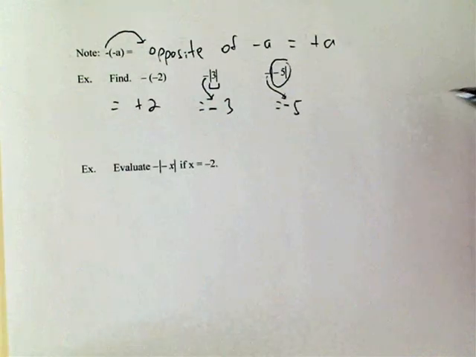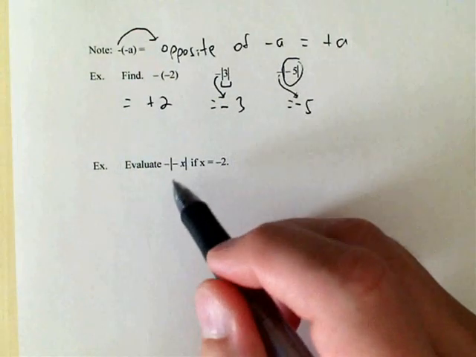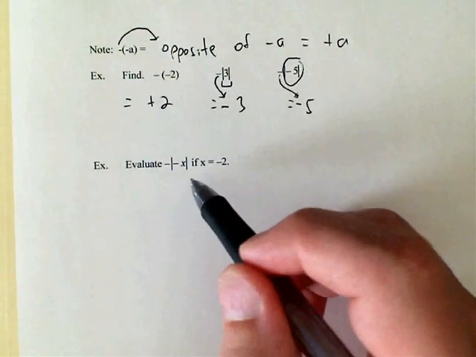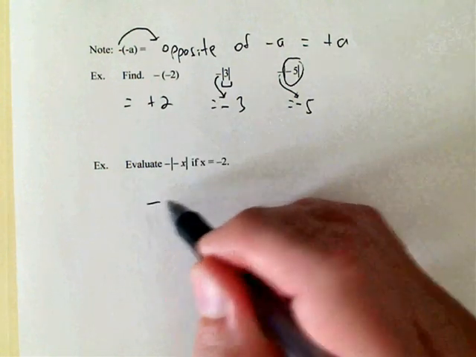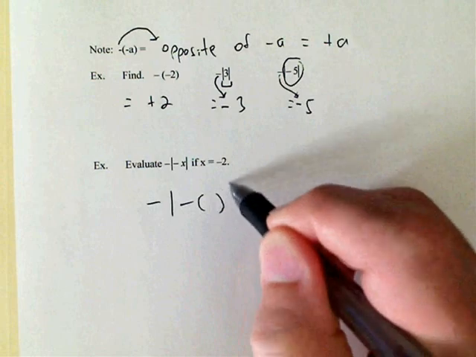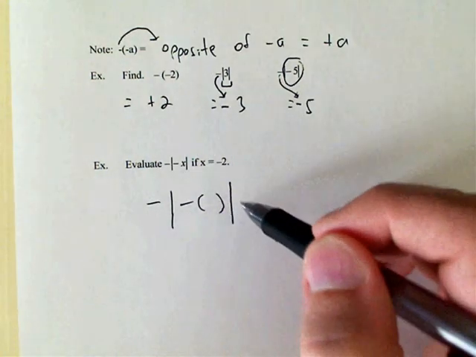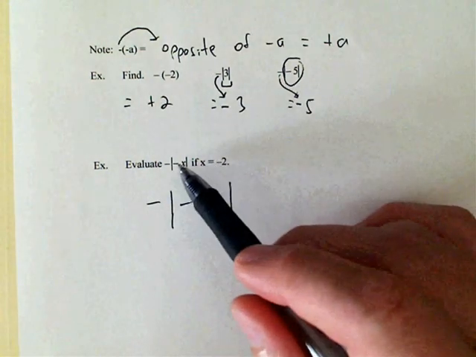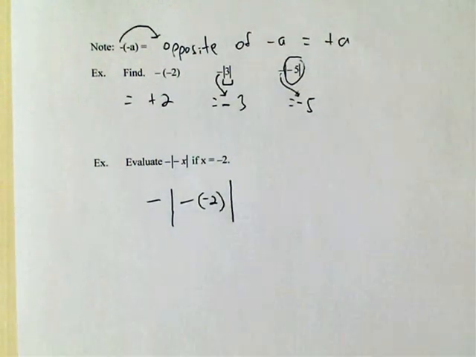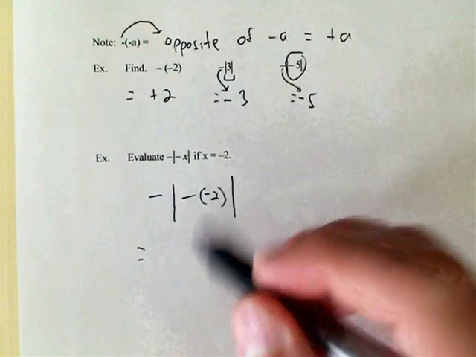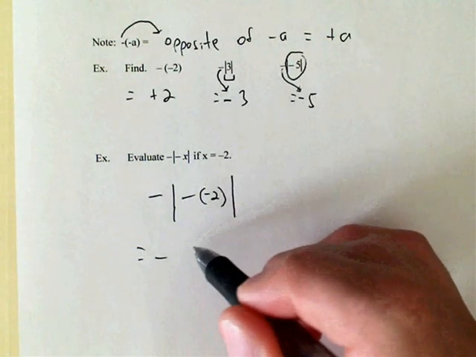Now, this example, evaluate. Once again, evaluate just means to substitute and simplify by the order of operations. So anytime I do evaluations, almost always I use empty parentheses. X is now a negative 2. That's what I'm going to put inside the empty parentheses. Once again, we've got to do the bars first. Before we do the bars, we've got to do what's inside.